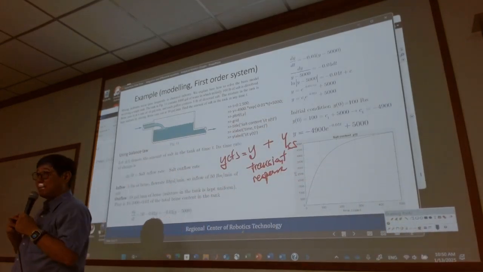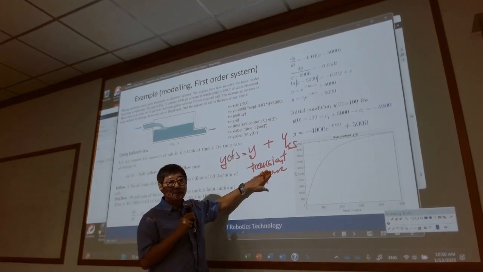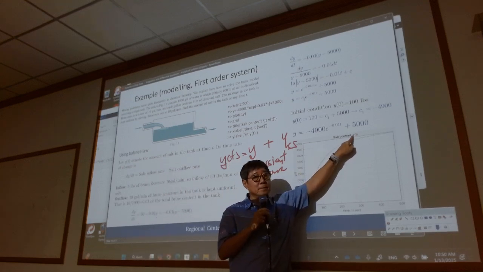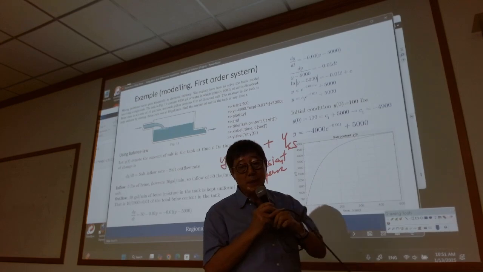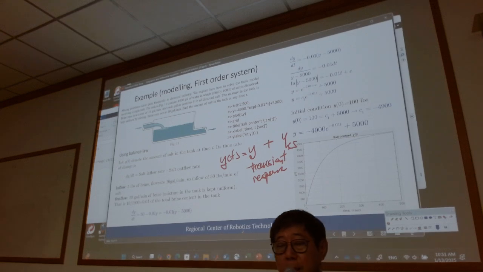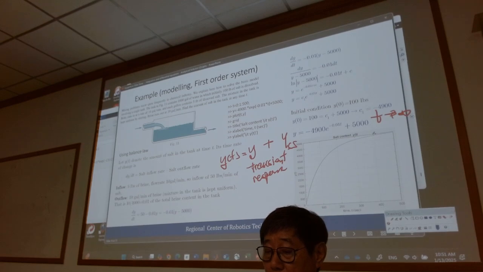Steady state response means that t approaches infinity. So this one is the steady state response.